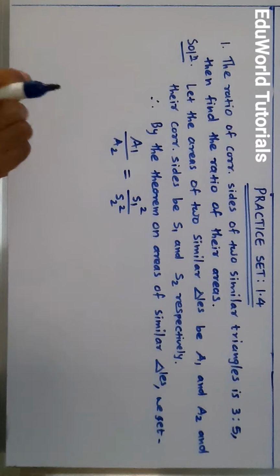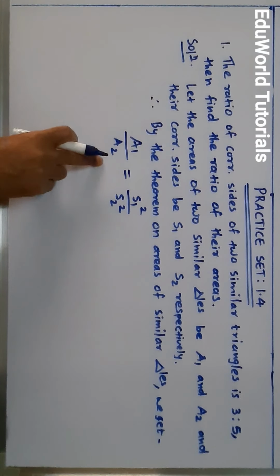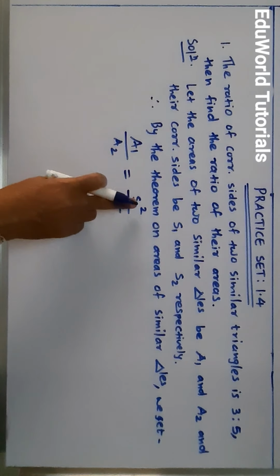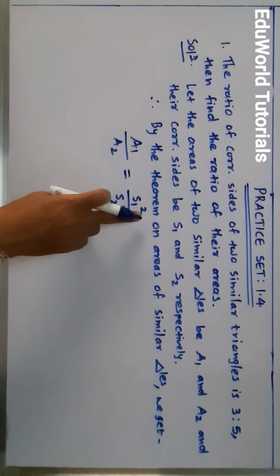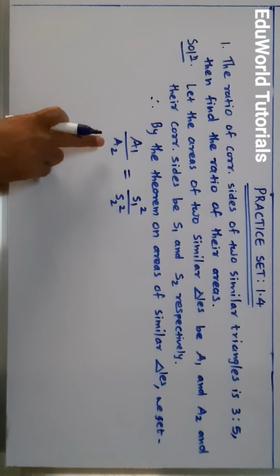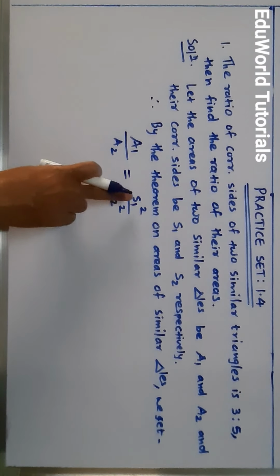Please remember one thing here. In the board exam, while solving this sum, many students write A1 upon A2 is equal to S1 upon S2. They forget to make squares of the corresponding sides, which will end up in a wrong answer. So be very careful. A1 upon A2 is equal to the squares of the corresponding sides, S1 square upon S2 square.